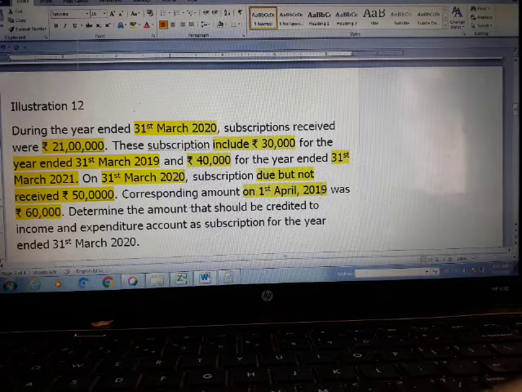So if it says corresponding amount on 1st of April, which is 60,000, that means this 60,000 is nothing but the outstanding amount of the previous year. That is, it is the outstanding amount pertaining to the year ended 31st of March 2019.